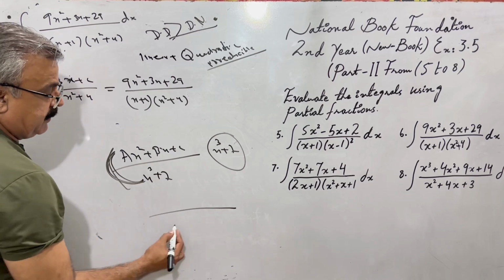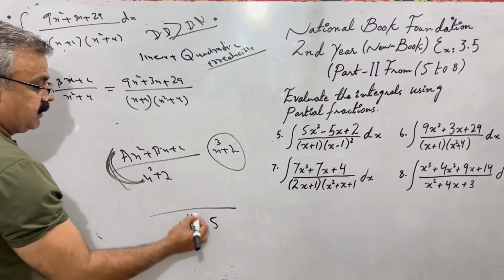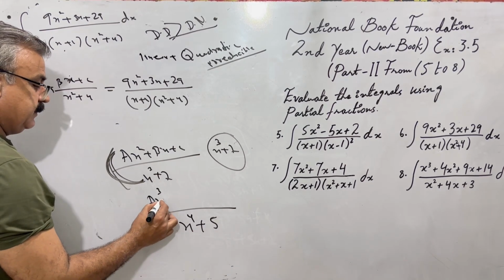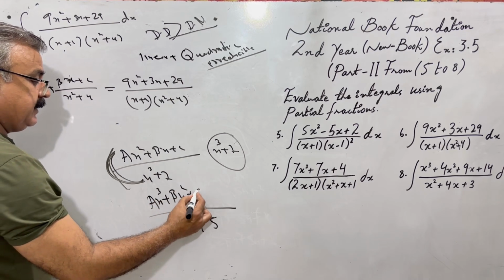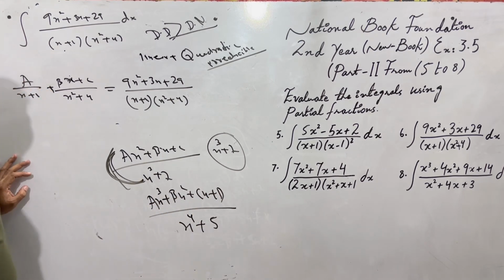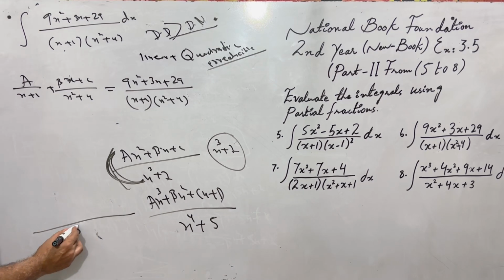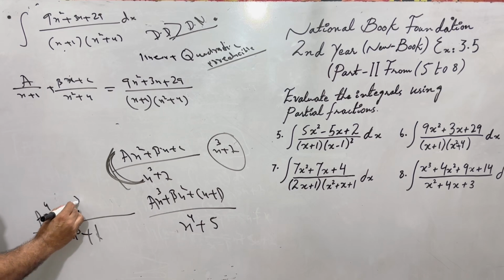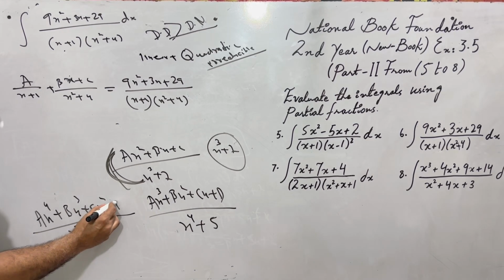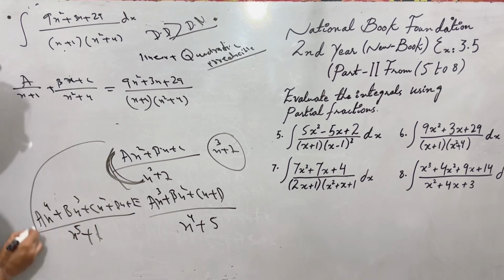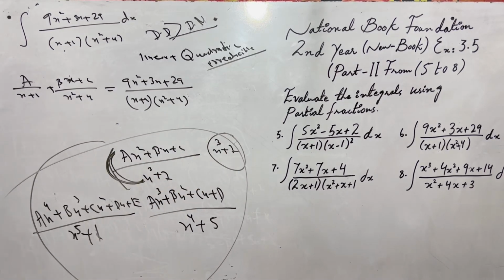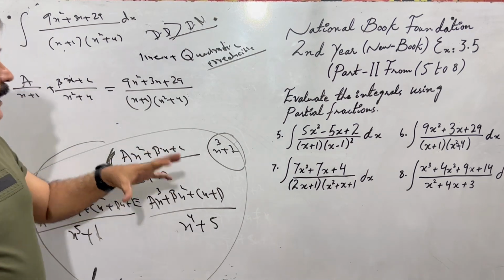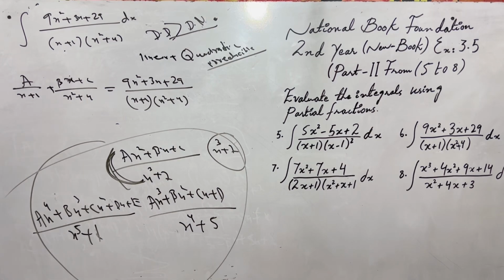Similarly, one can write the partial fraction for x to the 4 plus 5 as ax cube plus bx square plus cx plus d, and for x power 5 plus 1 as ax4 plus bx cube plus cx square plus dx plus e, when further factors are not possible, meaning the expressions are irreducible in real numbers.